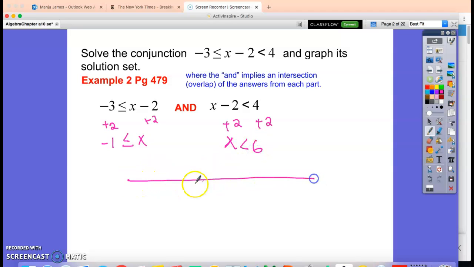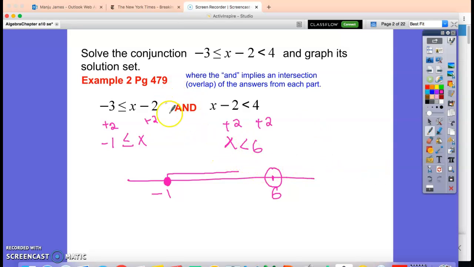If I draw the number line, this is -1 and then x is less than 6. So x < 6 is an open circle going this direction, right? And x ≥ -1 is, so -1 is included. So -1 is in the solution set. x ≥ -1 goes this way, right?